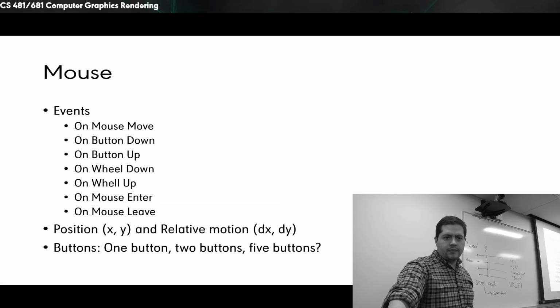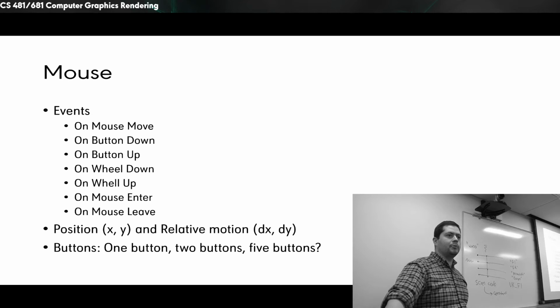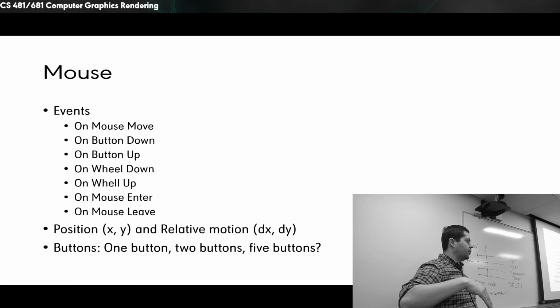Okay, so the second type of device we might want to use is the mouse. So the mouse is also like the keyboard. We have events that help us to use this. These are typical events like on mouse move, on mouse down, button down, button up, wheel up, mouse enter, mouse leave. Sometimes the wheel is just one control and just tells you positive or negative which direction it went in.